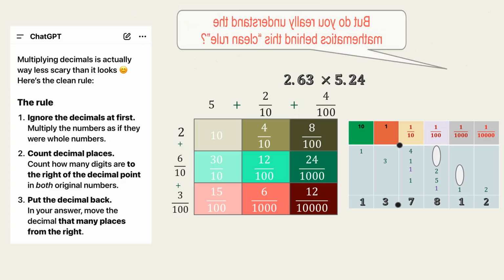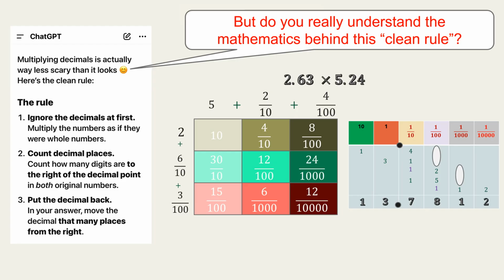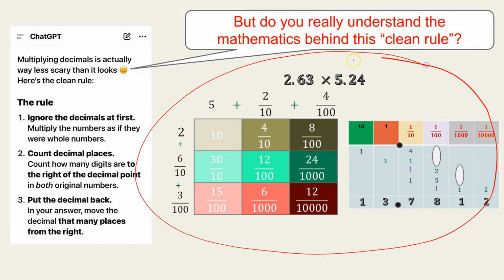If you were to do that, do you really understand the mathematics behind this so-called clean rule? Is that our job as a teacher? Or is our job to have students think mathematically? That's a pretty big question, isn't it? And this is how the math plays out.